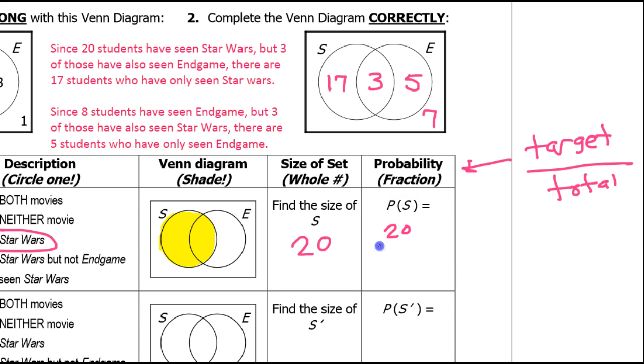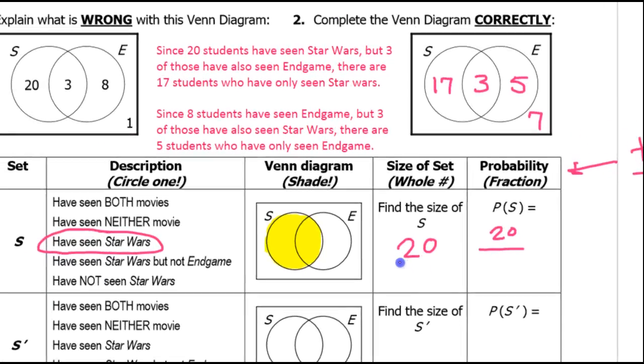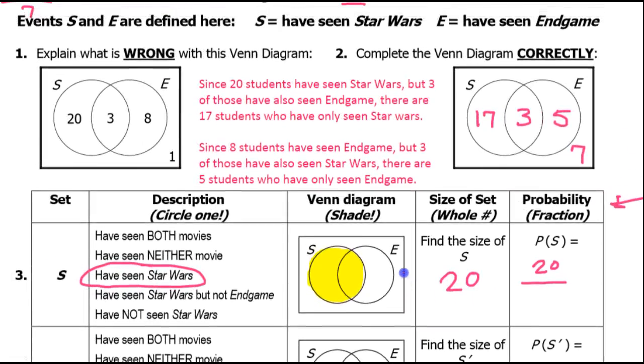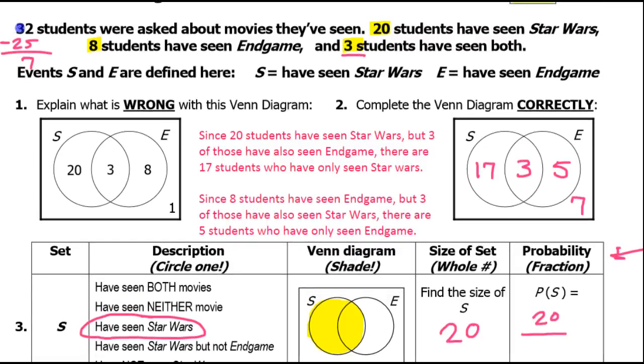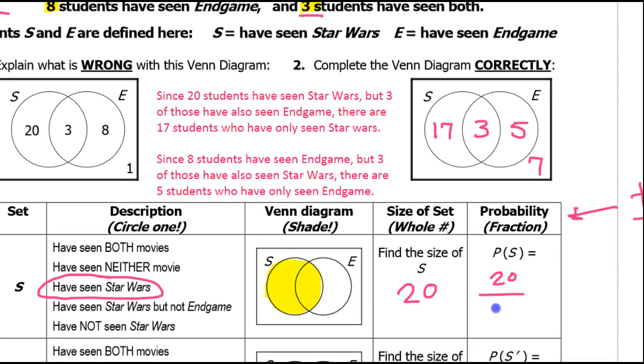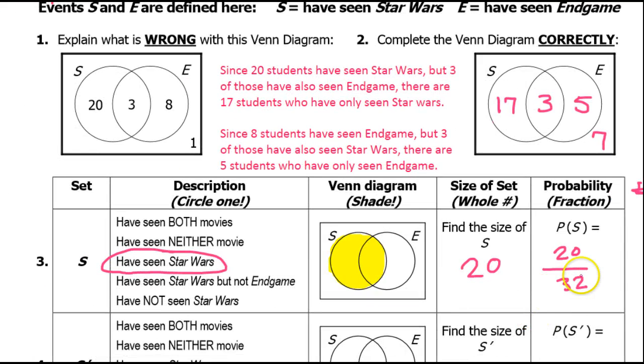But then for a probability, you need to divide that by the total, which is 32 students. Okay, so it's going to be 20 over 32. And we could reduce that and turn it into a decimal or a fraction if we wanted to, or a percent. But I'm just going to leave it like this.